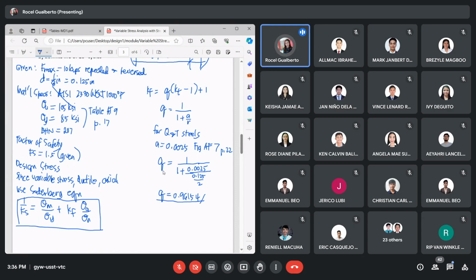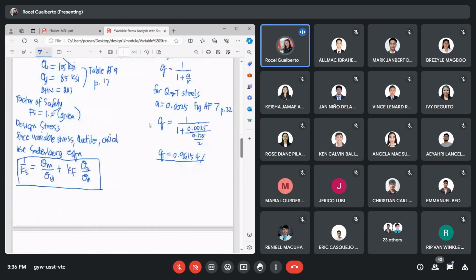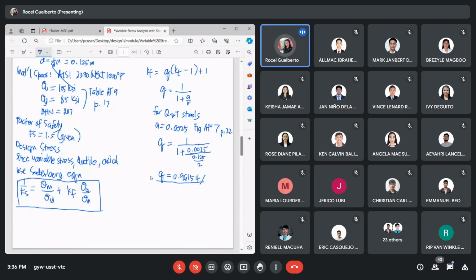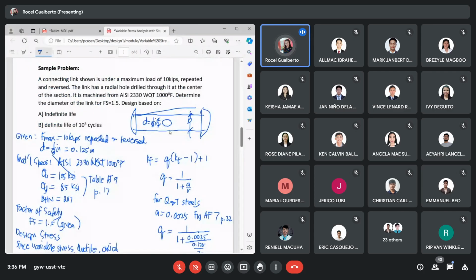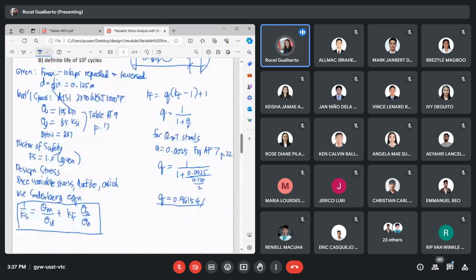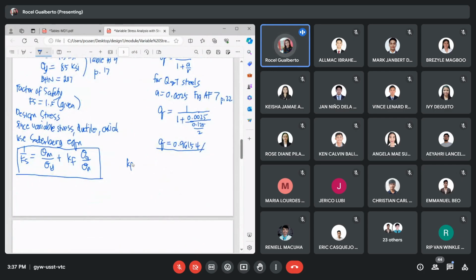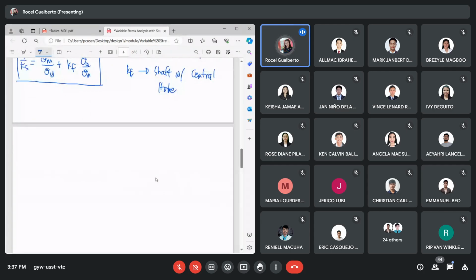Next would be the value of KT, so we can solve for KF. For KT, we will use figures AF8 to AF14. What you see in this illustration is the same as a shaft with a central hole. So for KT, we can get it considering a shaft with a central hole. So we can use figure AF8, like what we discussed earlier, on page 22.